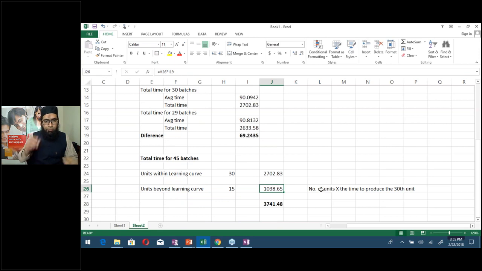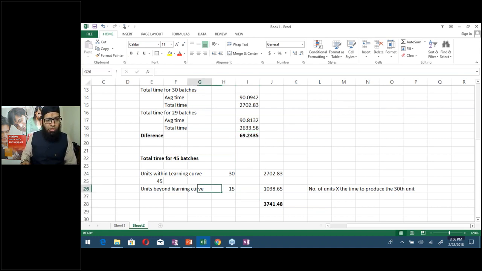So what we have is 45 units. The 30 units have the learning curve. That means the additional 15 units do not have the learning curve. And each of those units will take the same time, which is that of the 30th one, and that is 69.24.